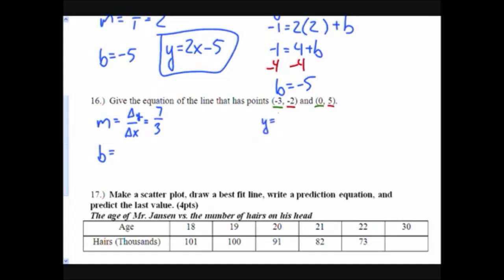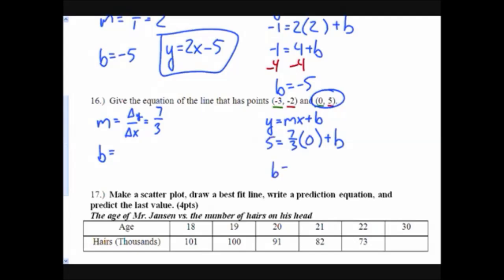Y equals mx plus b. So I start with a fresh y equals mx plus b. Let me show that. And I plug in what I know, 7/3. And now an x and a y value, I can choose either one of these points. I'm going to choose the second one. And why would I choose the second one? Because that is the y-intercept. Look, 0 for x, 5 for y.